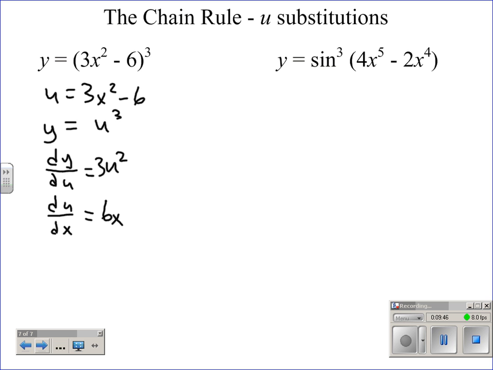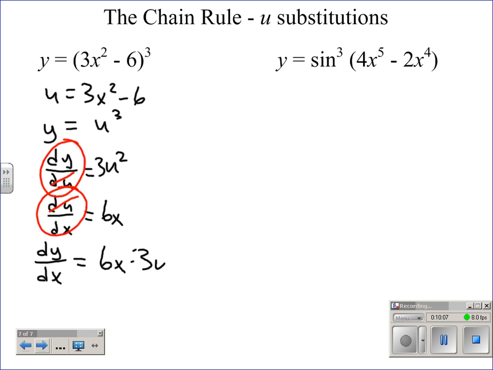Because you can treat these symbols like fractions and cancel, the result is the derivative of y with respect to x. Once you do that, then you can resubstitute the function back in for u.